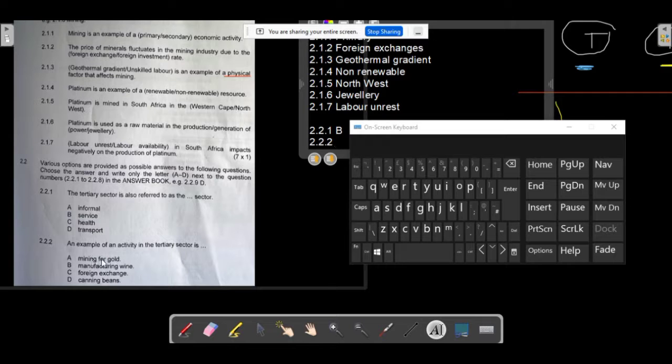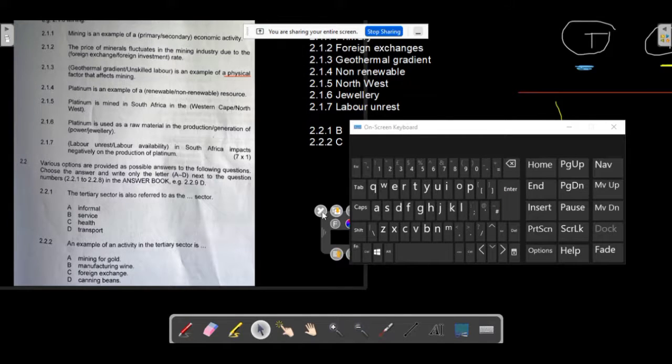Okay, mining is the primary activity. Foreign exchange. Okay, that is a good one. Buying stocks, so that is actually a service. Canning beans. Canning beans is processing. Okay, so we are going with C for 2.2.2.